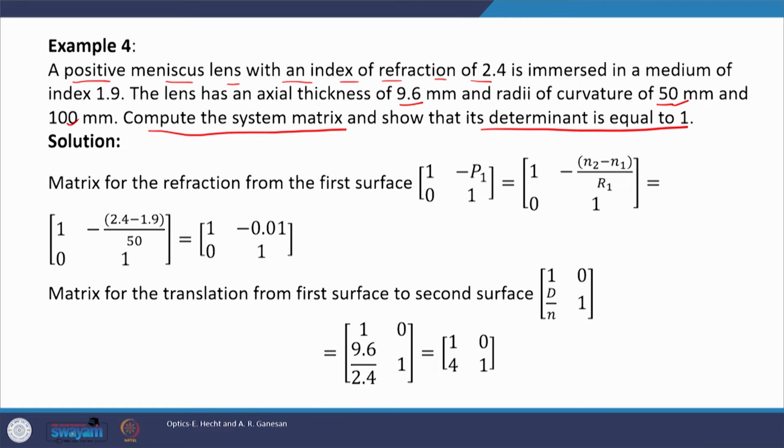Now, to calculate the system matrix for a lens, we will have to calculate the refraction matrix from the first surface, then the translation matrix for the space between the two refracting surfaces, and then again the refraction matrix for the second surface, because a lens has two refracting surfaces.